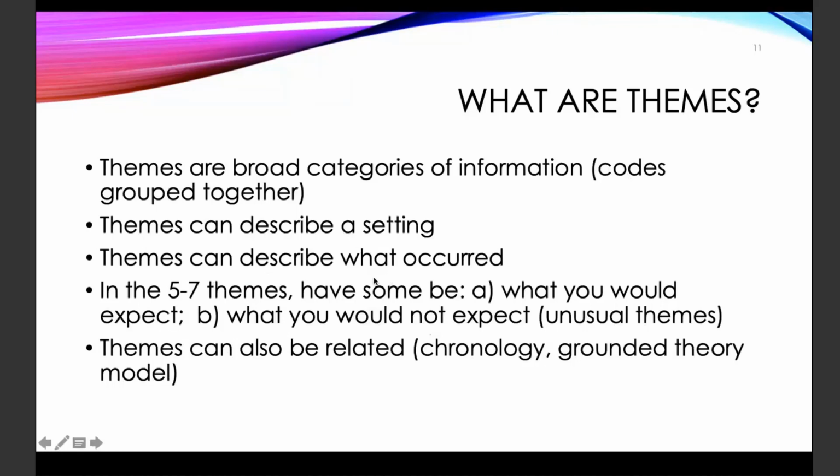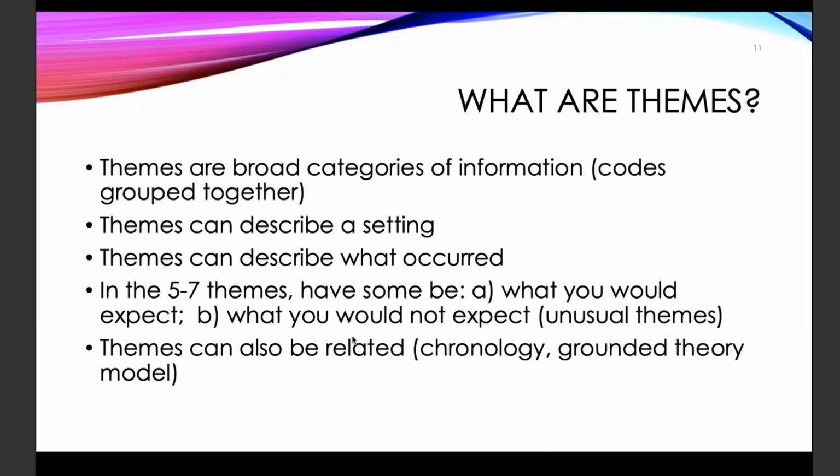Now, you will realize that sometimes among those themes, some of them are what we already think should be the answer, while some others are unusual themes, something that you do not expect. However, it is coming from the participants. So there are 2 types here.